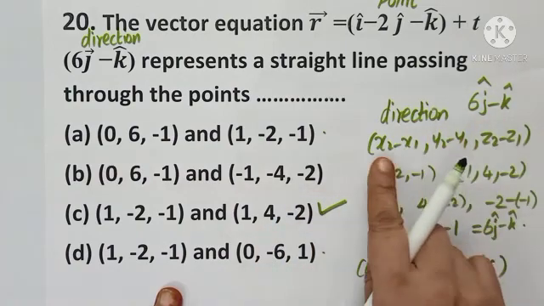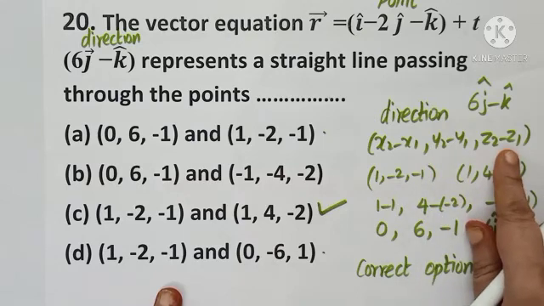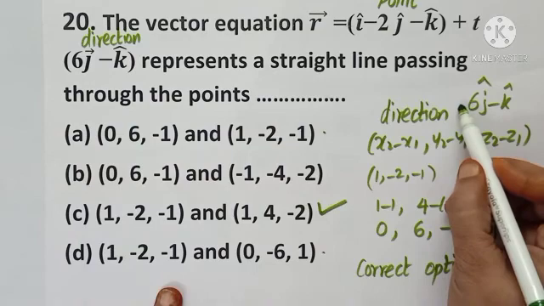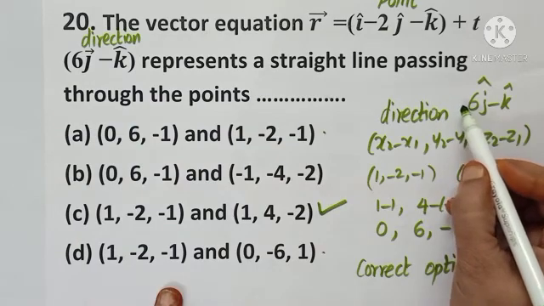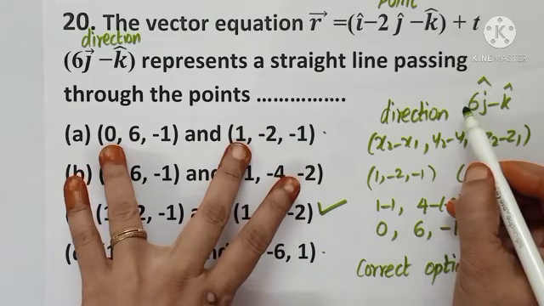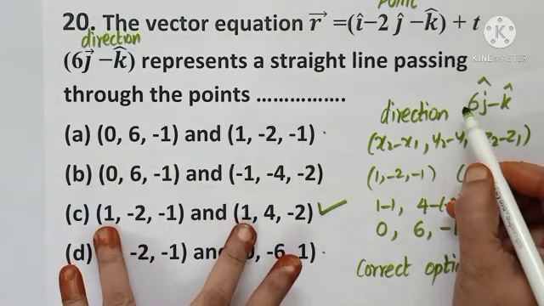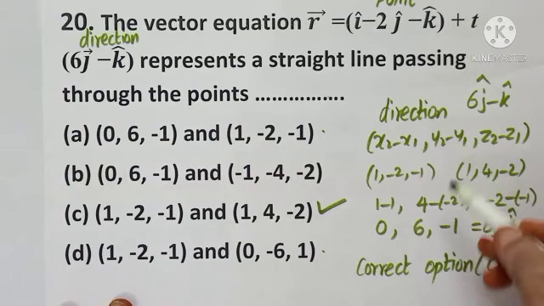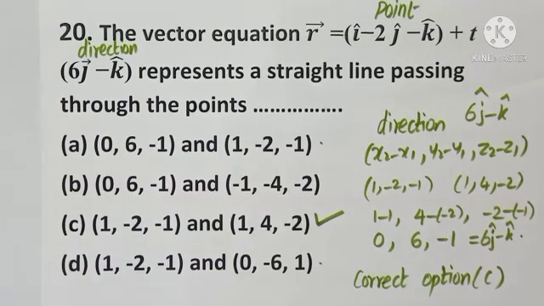Direction tells me x2 minus x1, y2 minus y1, z2 minus z1. As I compare, I do not have an i component. So check here, 1 minus 0 is coming, which is wrong. 1 minus 1 becomes 0. So the i component becomes 0 only in option C. So check whether the direction suits exactly. So the correct option is C.